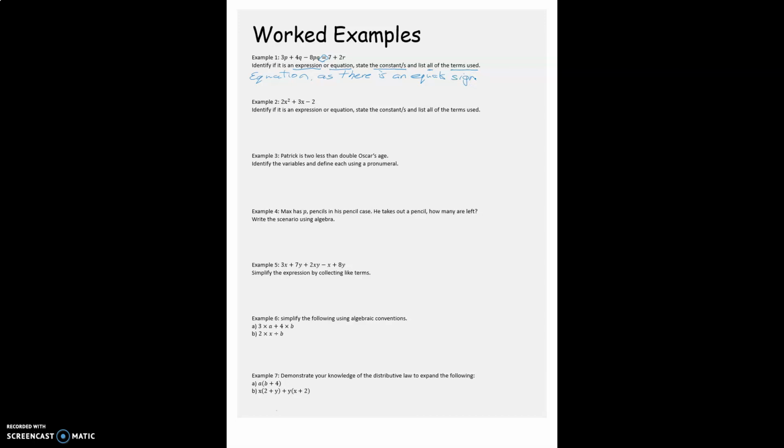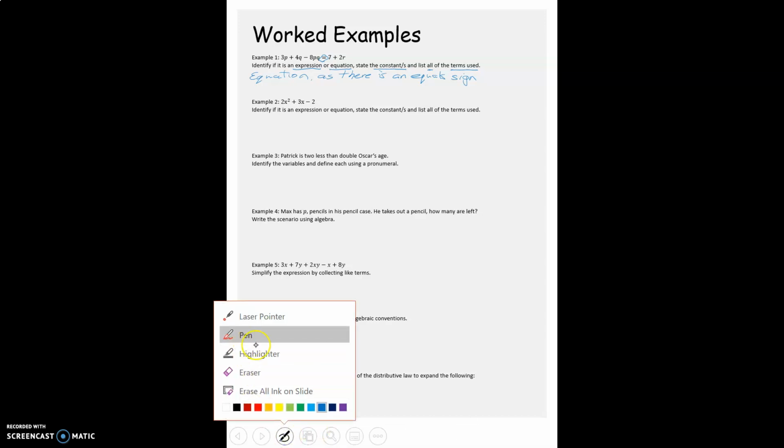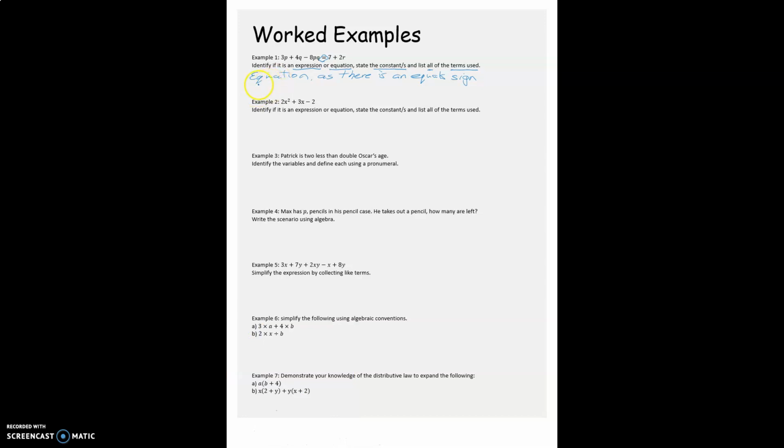The next part is whether or not there is a constant. Okay, just turn my pen on again. And we can see here there is a 7 by itself, indicating that there is at least one constant.